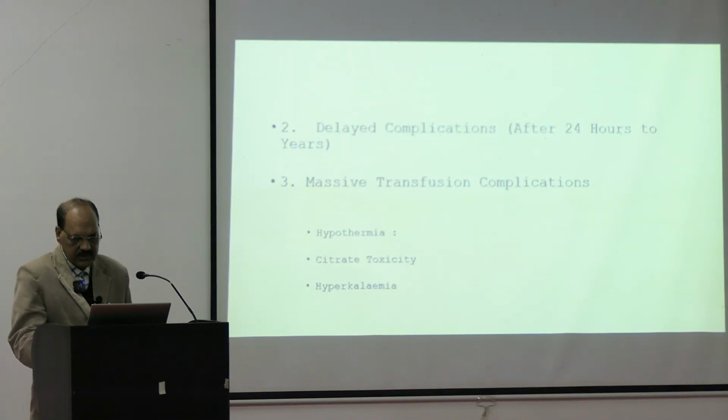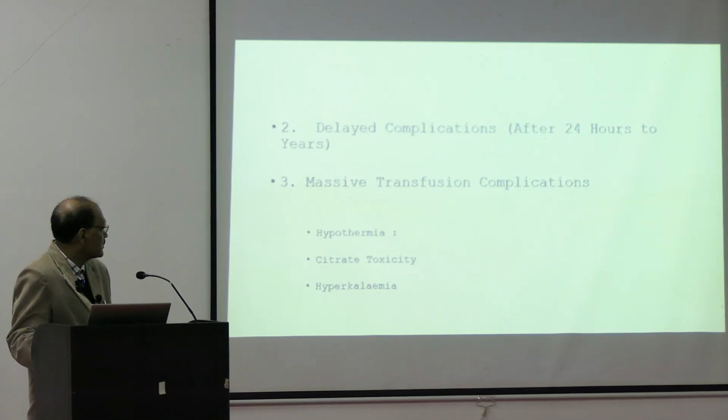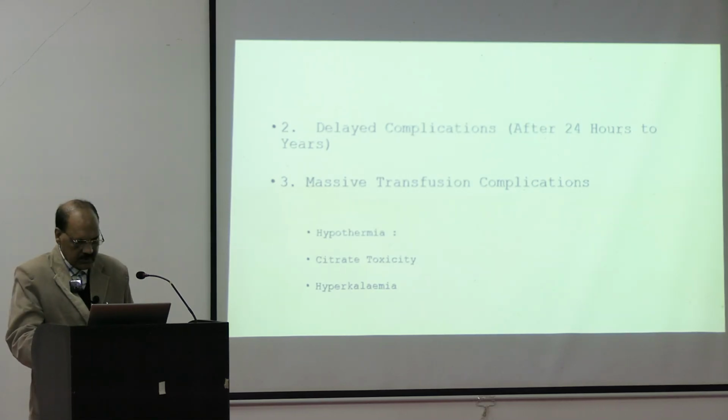Second is delayed complication after 24 hours to even years. Then the third complication may be massive transfusion complications. They may be hypothermia, meaning the patient may have coldness all over the body. The body temperature may be reduced.